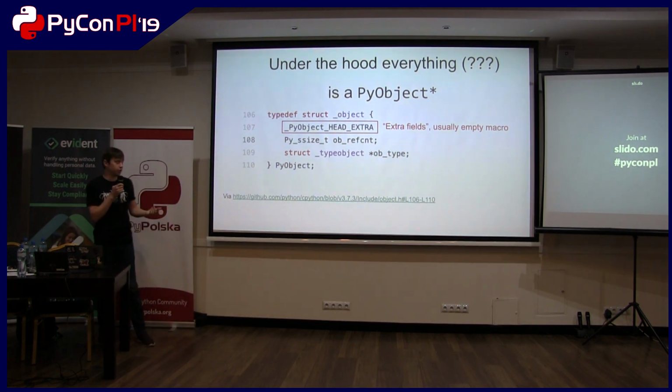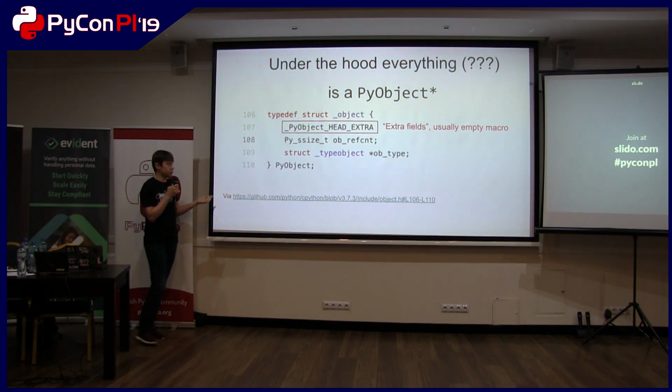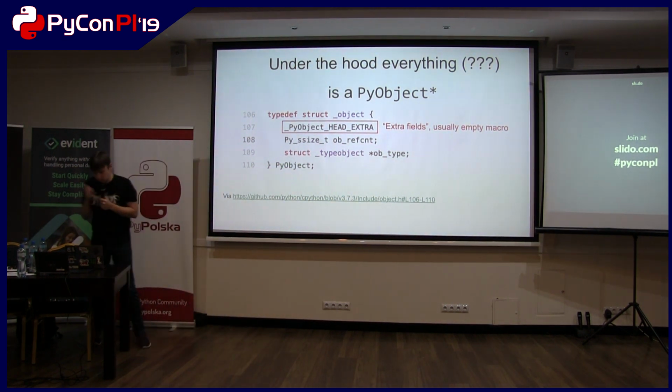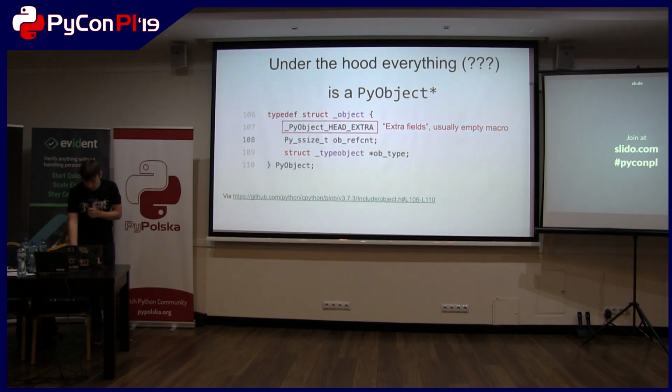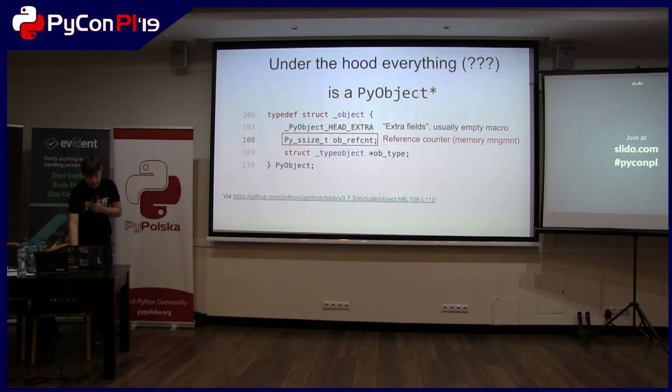A macro in C is something that the preprocessor will replace with something else during compilation. This is usually an empty macro, so I'm not going to cover it. It's sometimes used whenever you are compiling CPython for debugging purposes, so all the objects might have some additional fields just for debugging. That's not really interesting.